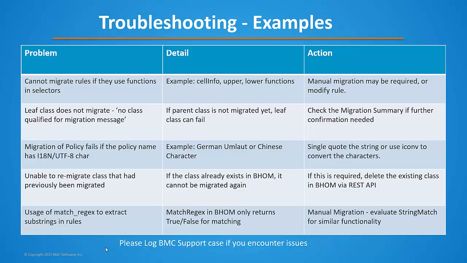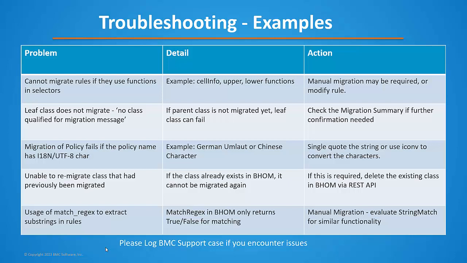So for those, you may require manual migration, or you might modify the rule. For example, you might decide that you'll normalize values on BHOM so that you don't need to use the upper or lower functions in a selector.